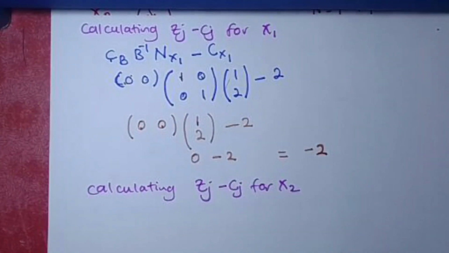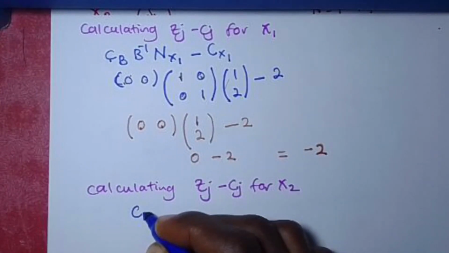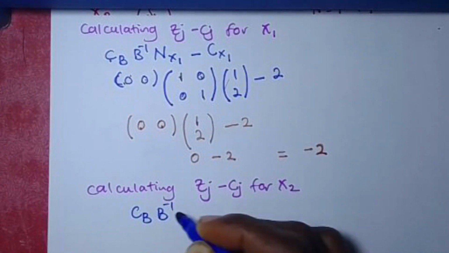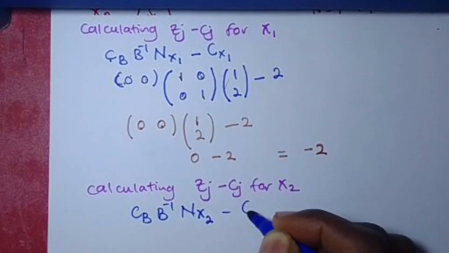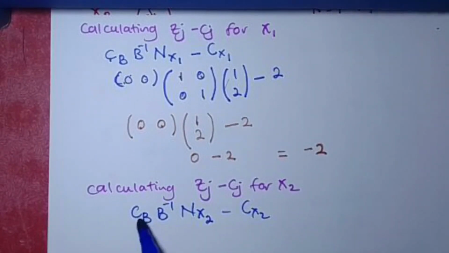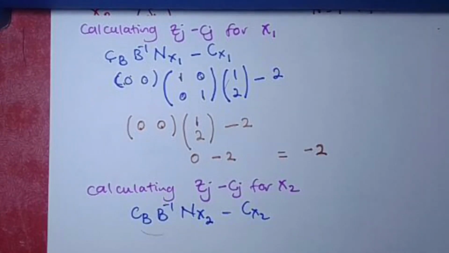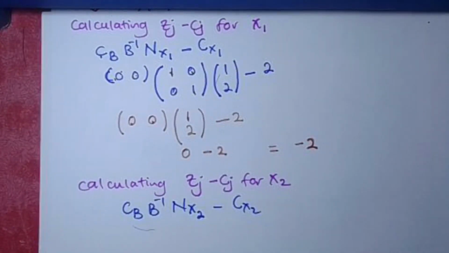It will be cb, b inverse, n x2 minus c x2. Remember, the order for this doesn't need to change. It has to be cb, b inverse, n. When you change the order, you'll remain with something that cannot be multiplied.